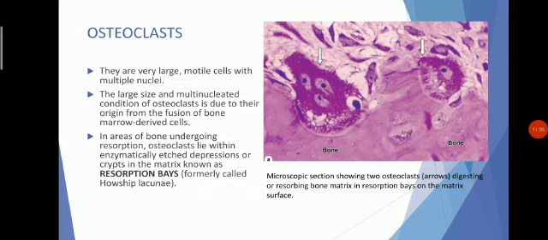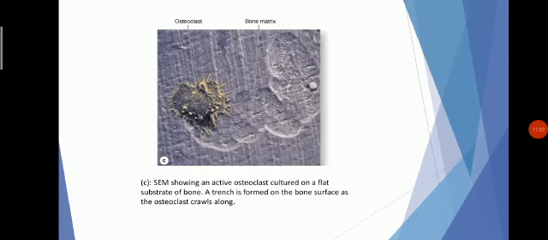So these are the multinucleated, large motile cells having multiple nuclei, and they are present in the etched depressions or crypts. They are called resorption bays. Electron microscope diagram showing an active osteoclast cultured on a flat substrate of bone.